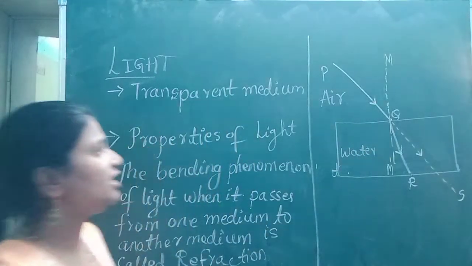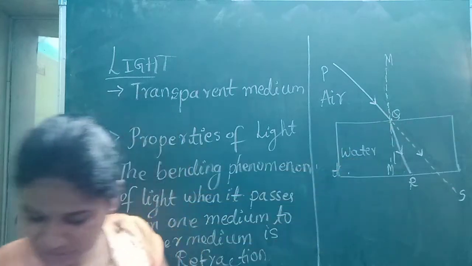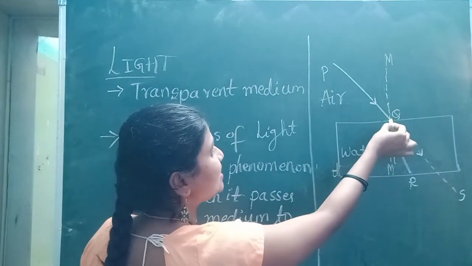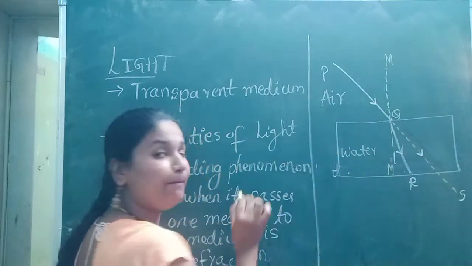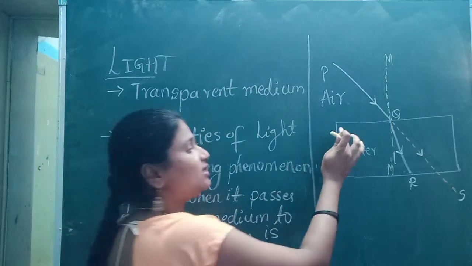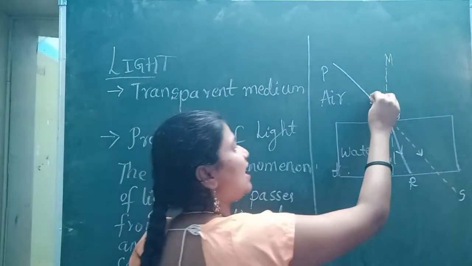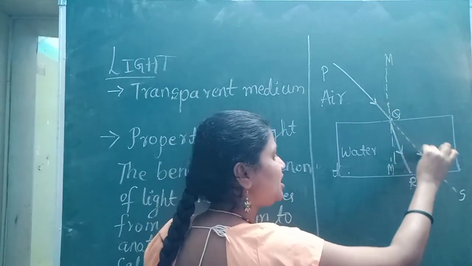So here, what happened? An incident ray named PQ is incident on the surface where air and water meet. Actually, it has to follow this path, the PQS path.